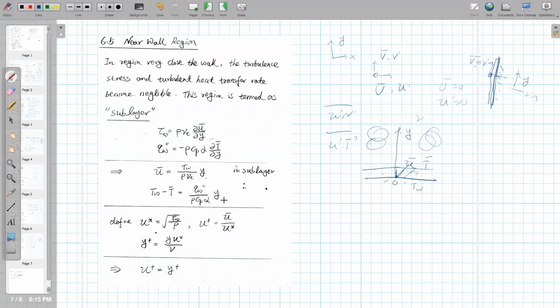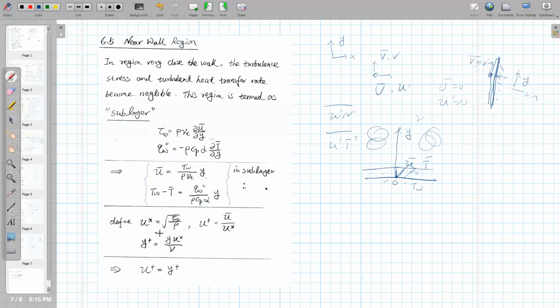If the flow is in the sublayer, at any location y we can calculate the mean velocity and temperature based on this correlation, if we know the friction force and heat transfer rate.